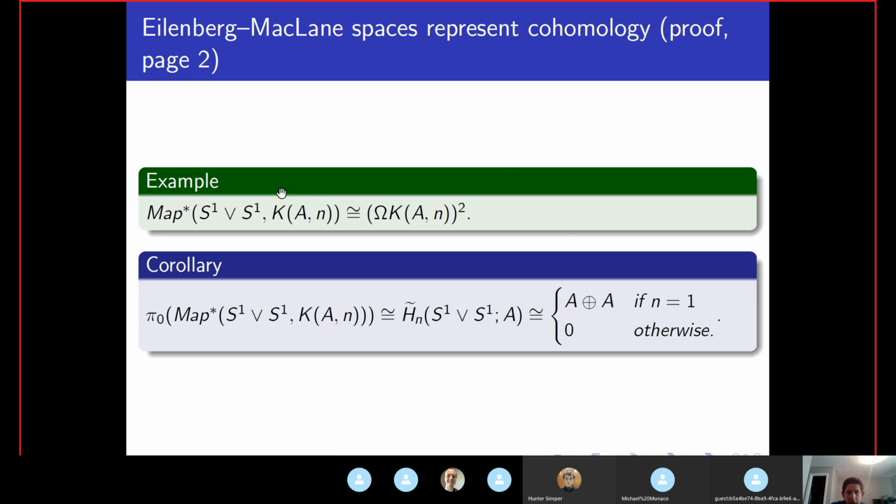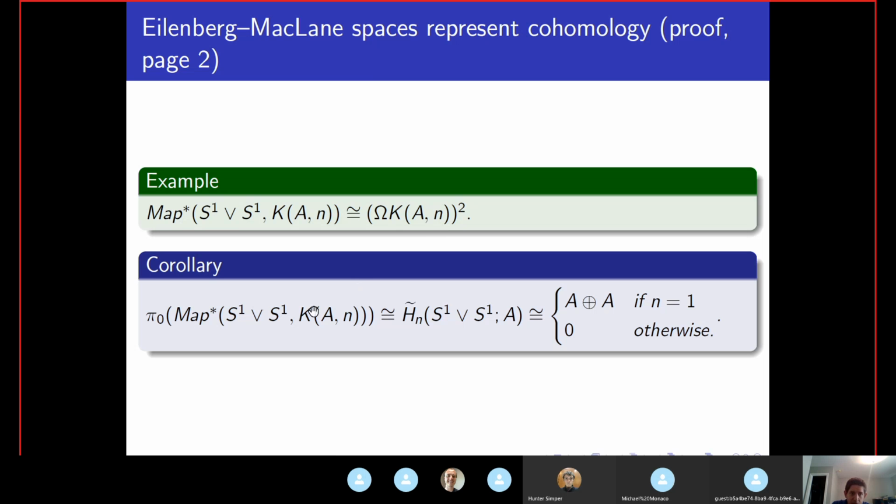Now, if we apply this in the torus case, maps from S1 wedge S1: well, based maps out of S1 is the same thing as the loop space. So we get 2 copies of the loop space of the Eilenberg-MacLane space, that is, loops of the codomain squared.